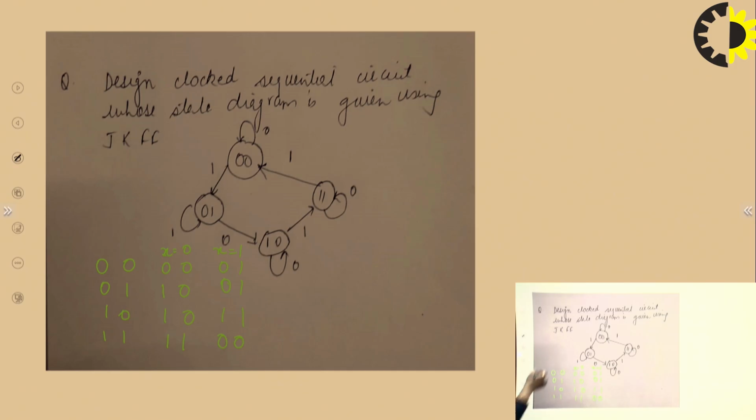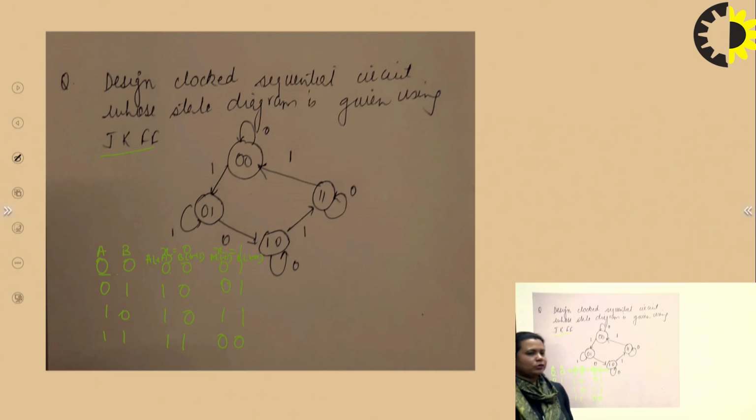Then for the next table you will be using the JK flip-flop. So suppose this is A, this is B, and this is A t plus 1, and this is B t plus 1, right? So you will be requiring this. You will first create the table for the states, like I made, and then you just compare the current bit and your next bit, and you write your generalized expression using the JK flip-flop, right?